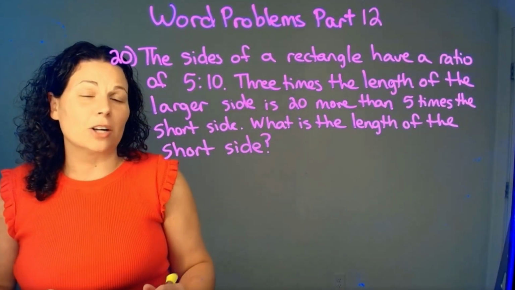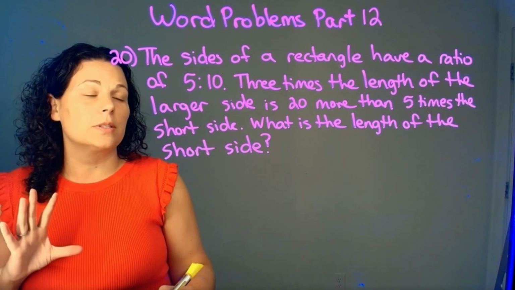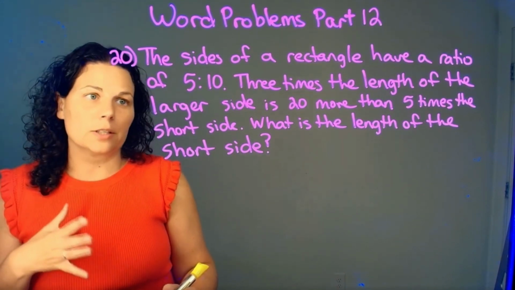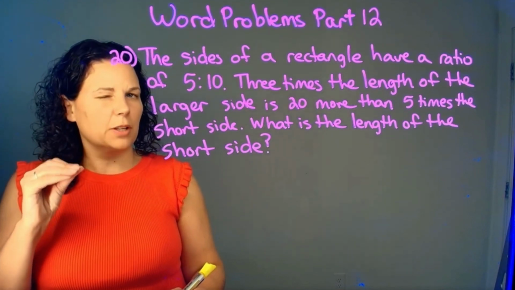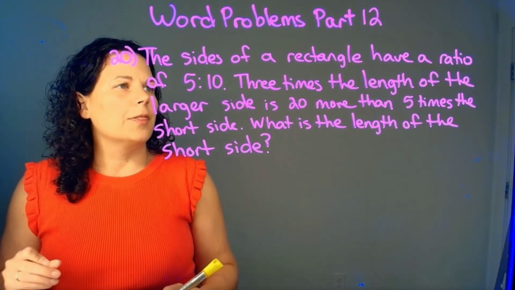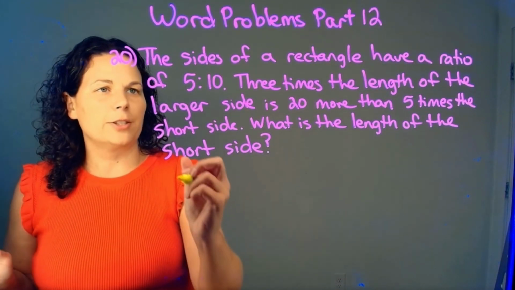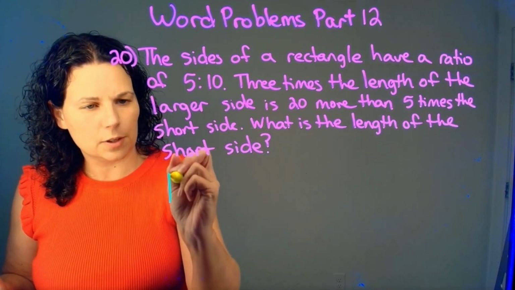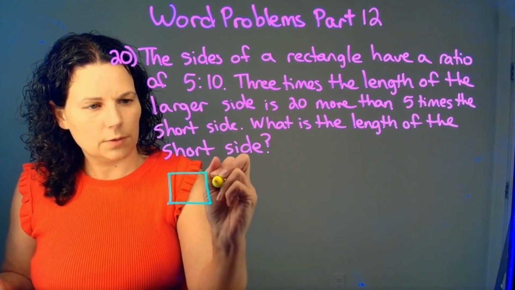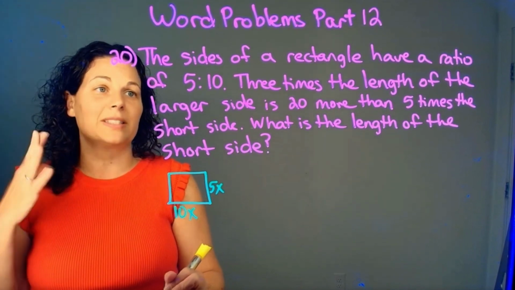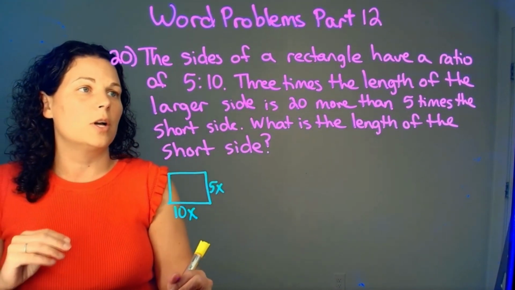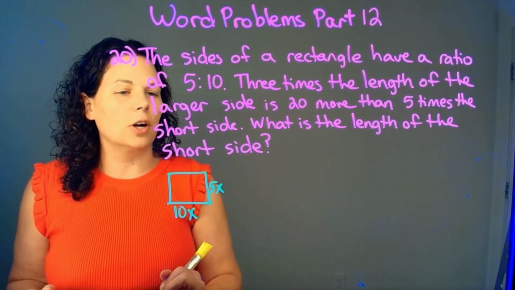All right, this is going to be our last question using ratios for this video series. I've got other problems that we need to go over next, so let's really focus on this one. It's kind of a doozy. The sides of a rectangle have a ratio of 5 to 10. So here's my rectangle. 5x and 10x, because we know we take our numbers in our ratio and stick an x behind them to keep that ratio. 3 times the length of the larger side.